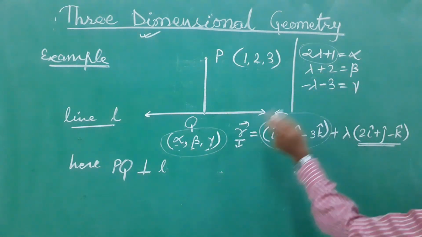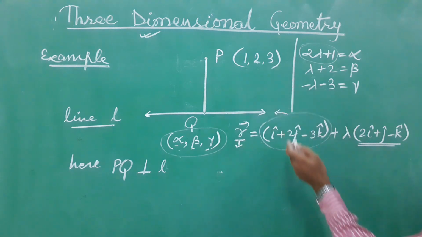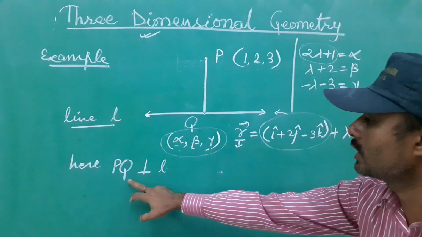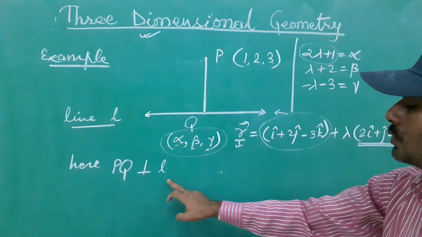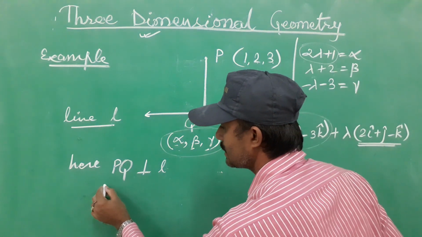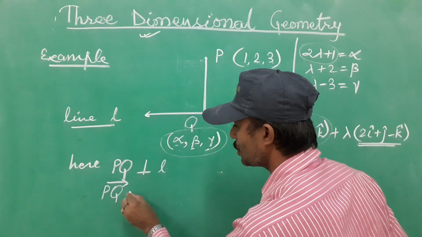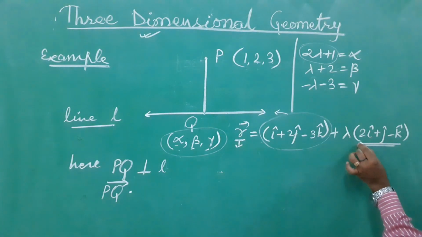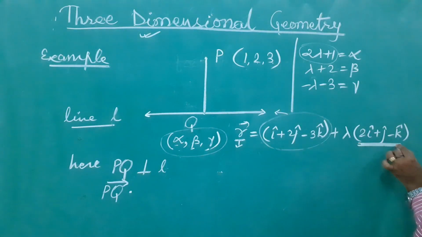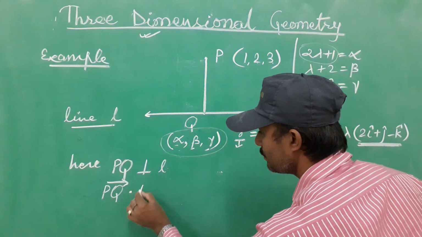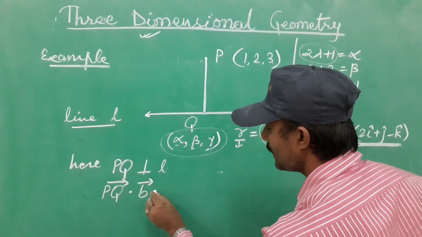This is the value of beta, gamma minus 3. Perpendicular, so dot product of these two will be 0. Hence here directly we can write the vector PQ dot vector B. This is vector B, direction of the line. Vector B equals to 0.